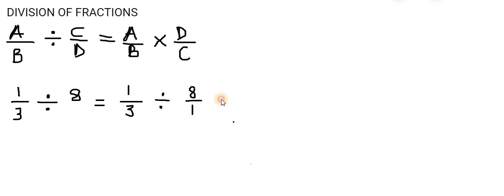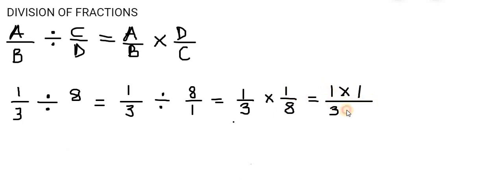Now we can start. 1 over 3, change the sign, flip the second fraction. Instead of 8 over 1, we now have 1 over 8. So 1 times 1, and at the bottom, 3 times 8. This is straightforward enough. 1 times 1 is 1. 3 times 8, 24. Okay?